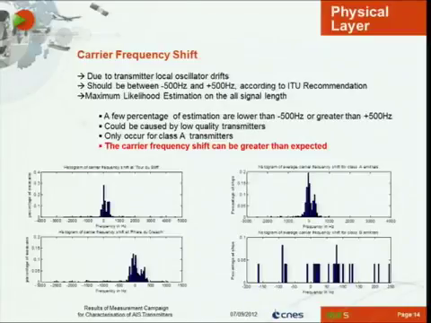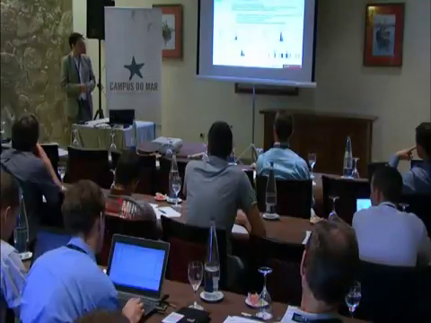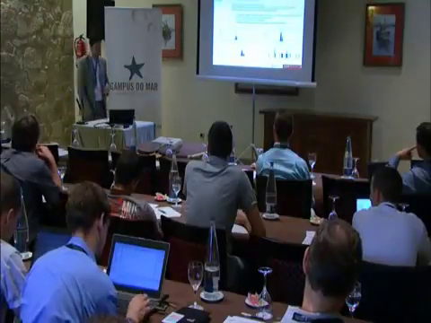It could be caused by low quality transmitters, and the conclusion is that the carrier frequency shift can be greater than expected, and it's important to know, in particular for the detection of AIS bursts.